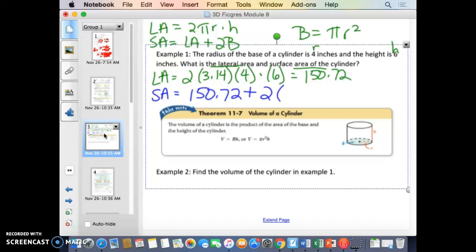Now let's figure out what the base is. The base equals pi times 4 squared. Pi is 3.14 times 4 squared equals 50.24.